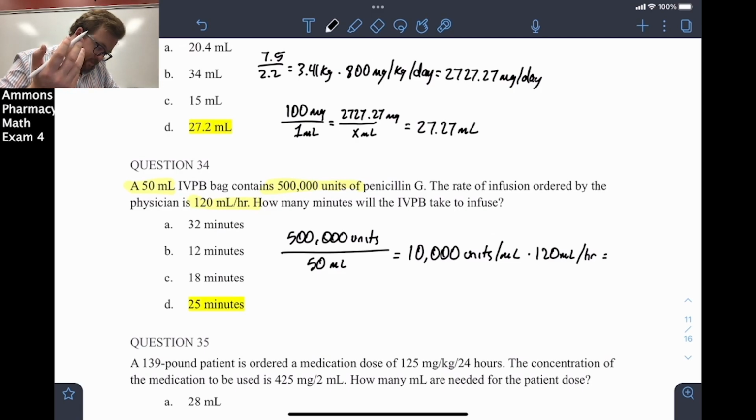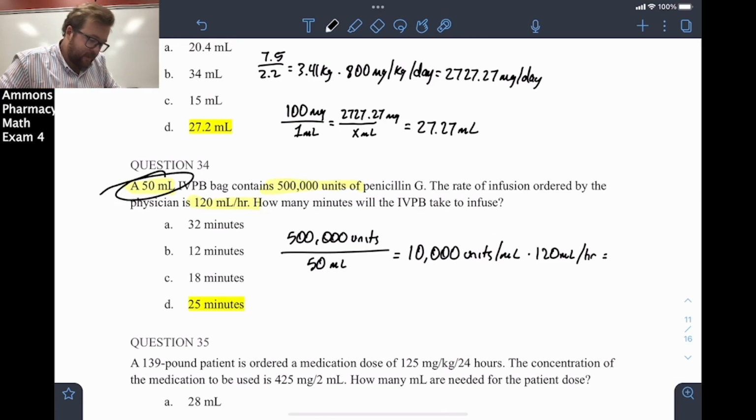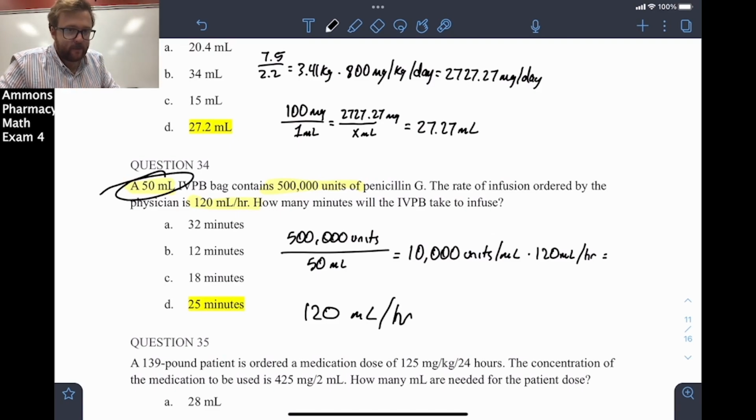No. No. This is super easy, and I'll tell you why. It's just a 50 mil bag. 120 mils per hour, and you're seeing how fast it's going to deplete the bag.